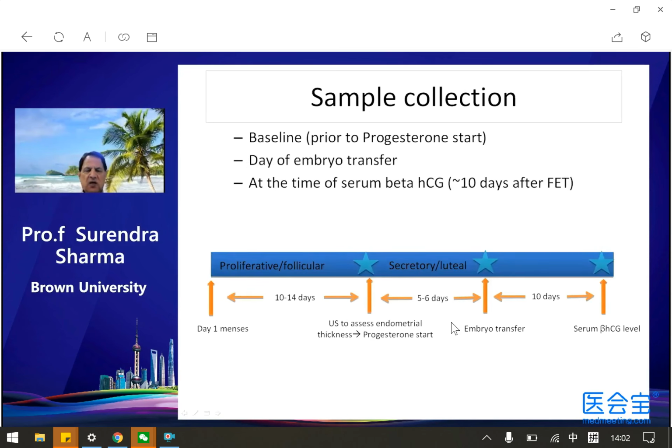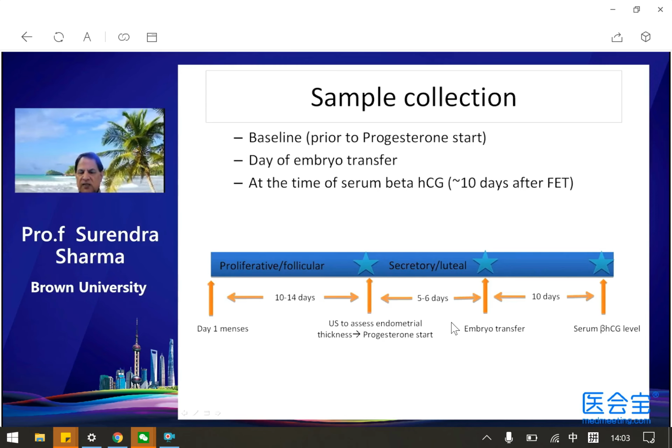For sample collection, we used 3 time points. These are blood samples that I'm talking about. First we collected in the proliferative follicular phase. Then we collected a sample during the secretory luteal phase, to assess the endometrial thickness, and that's when we start progesterone treatment for 5-6 days.